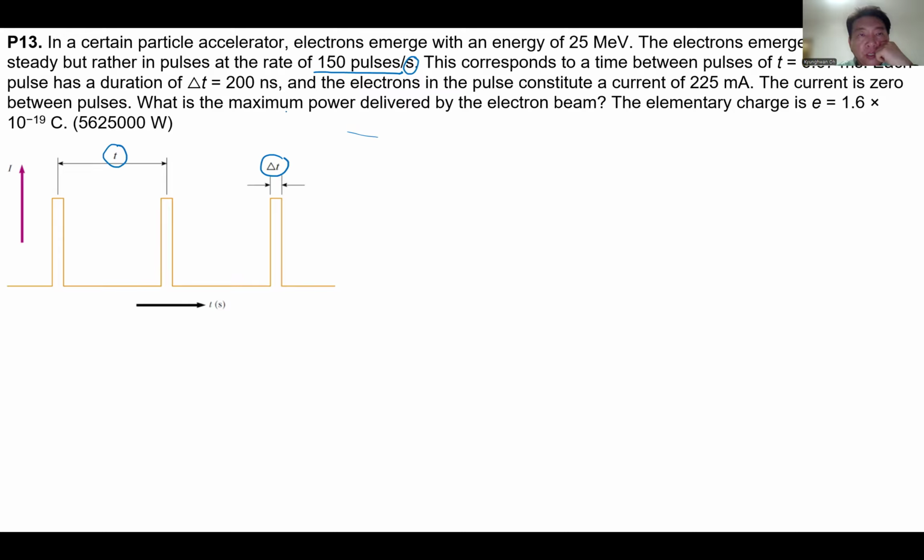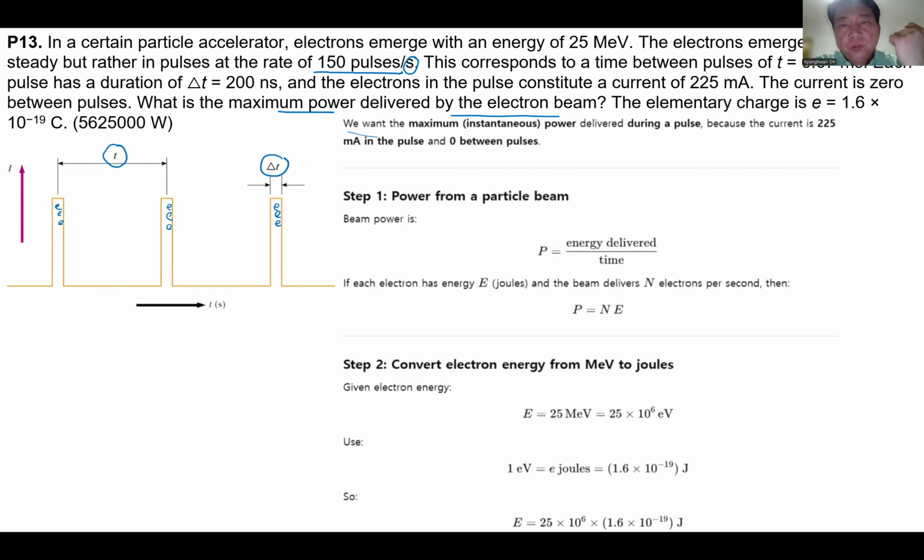And what is the maximum power delivered by this electron beam? Within these pulses, there are electrons, and we want to find out the maximum power of these electron beams. For the power from the particle beam, we need to consider energy delivered divided by time.